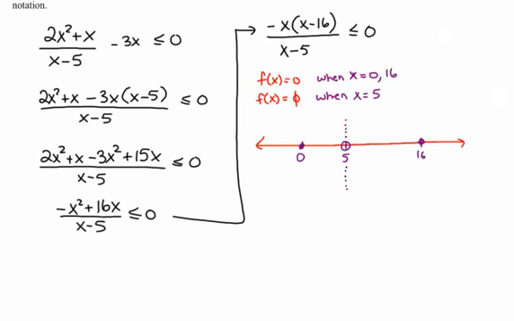So we have to include that in our test. So we're always going to have the negative in front. Okay, so the negative in front, and then we plug in our values. So I pick a number between negative infinity and 0, so say negative 1, and we're going to plug it into each factored form. So if I plug in negative 1 to x, that gives me a negative.